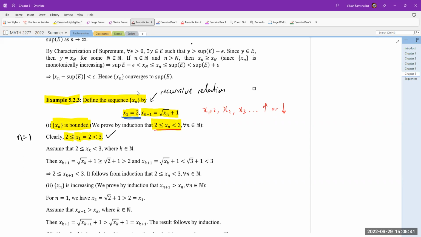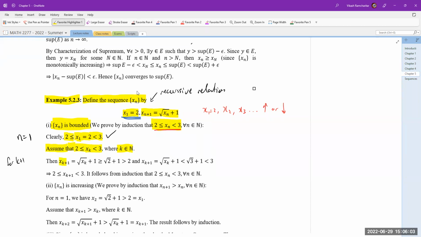So my case for n equal 1 is good. Then I need to assume that the result is true for some natural number k. And then the next thing is to show that it is true for k plus 1.